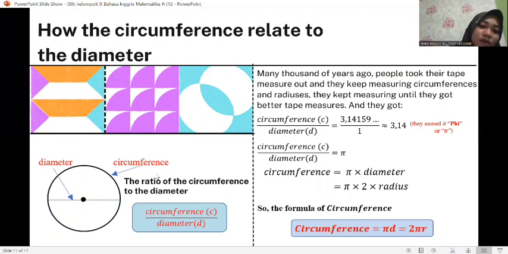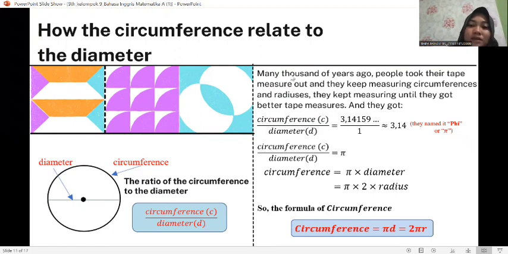We know from the definition of radius and diameter that diameter is 2 times radius. This is the circumference and this is a diameter, and from here to here is the radius. The ratio of the circumference to the diameter is circumference divided by diameter.